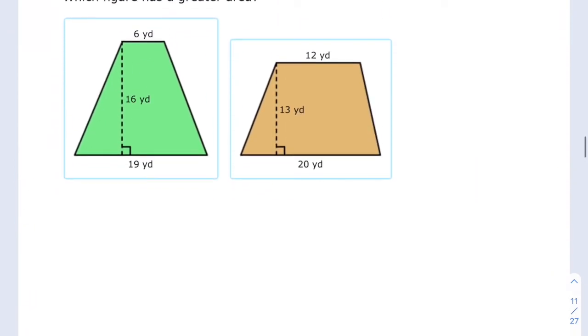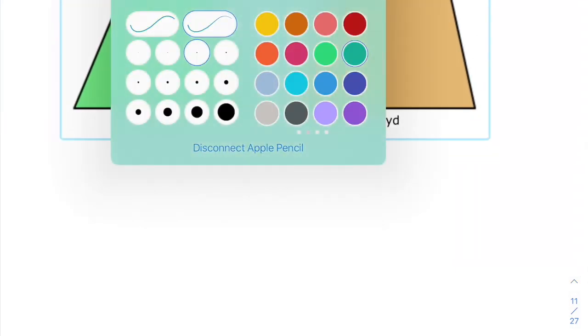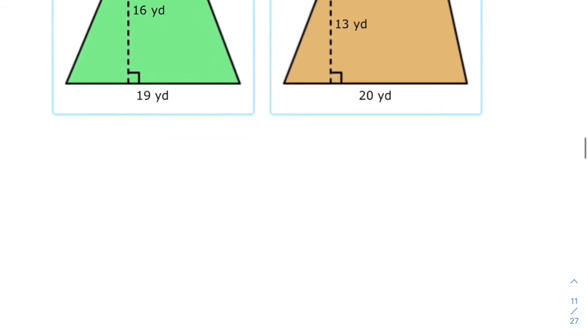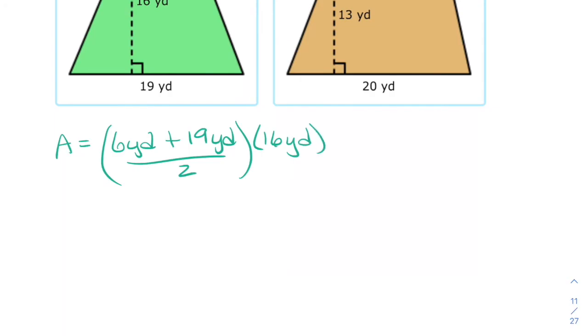Looks like I have one more problem that I'll do, and then we'll be done. Okay. So we have this trapezoid in green. So area is 6 yards plus 19 yards over 2 times 16 yards. So 6 plus 19 is 25.